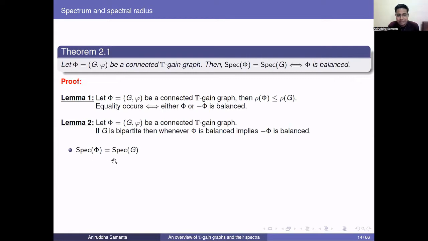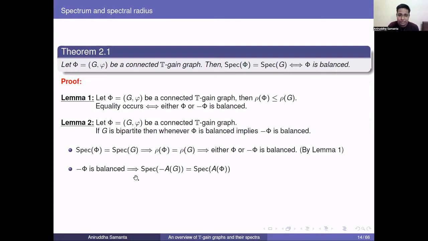So suppose the spectrum of phi is the same as the spectrum of the underlying graph G, that implies they have the same spectral radius. Then from lemma 1, we can see either phi is balanced or minus phi is balanced. If phi is balanced, then we are done. If minus phi is balanced, then from the definition, the spectrum of minus A of G is the same as the spectrum of A of phi.